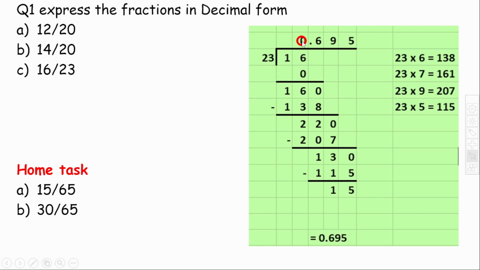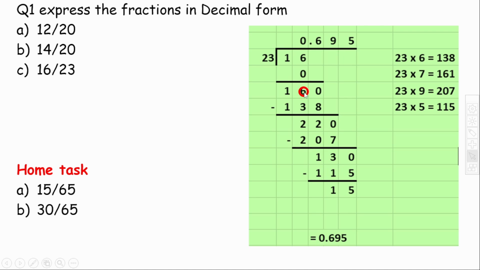So what do we first do? We first write 0. On top of 6, you write 0. Then you now say 23 times 0 is 0. You write the 0 here. Then you now say 16 minus 0 gives us what? 16. You write it down here.